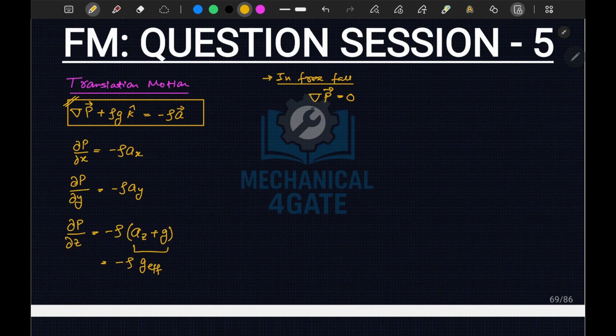It means that all three respective terms are 0. So what does this imply? This implies that pressure at all points is the same and equal to the local atmospheric pressure.